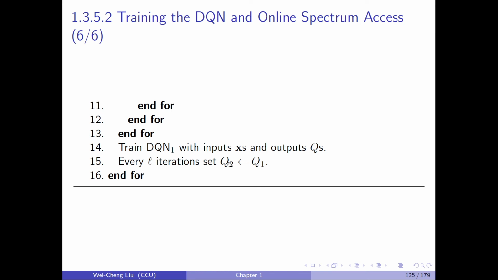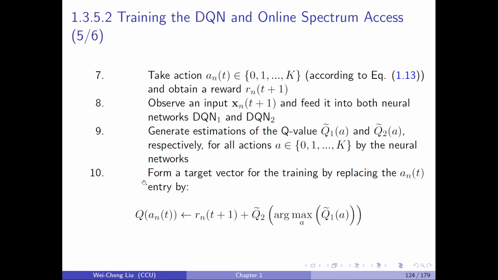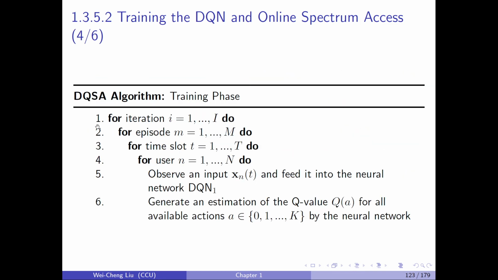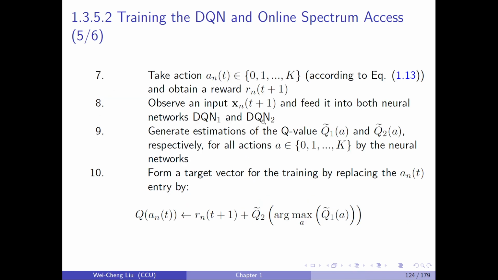This means that we assign the value of Q1 to the variable Q2. And finally, line 16 is end for, to end the for loop in the first line, over all iterations.